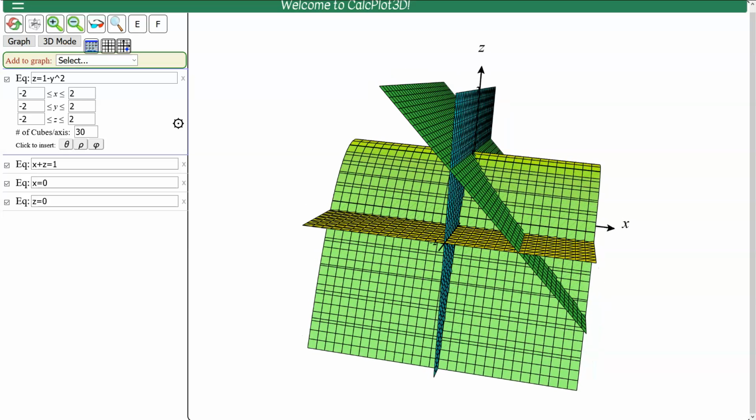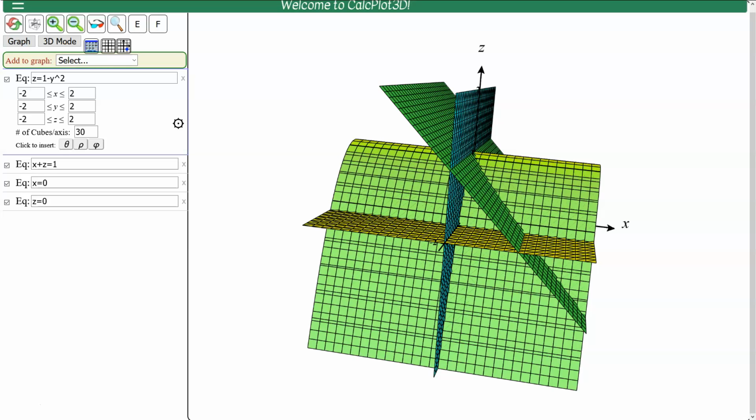So we have to solve for y. Well, that means y squared is going to be 1 minus z. So we have to take the square root. So what we end up getting is a positive square root and a negative square root. If you take z equals 1 minus y squared, and you solve for y, there's two solutions, and they involve square root. So that's the problem here, is that we end up with a square root, which is not so nice.